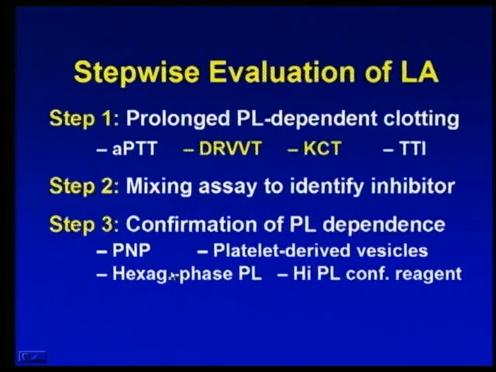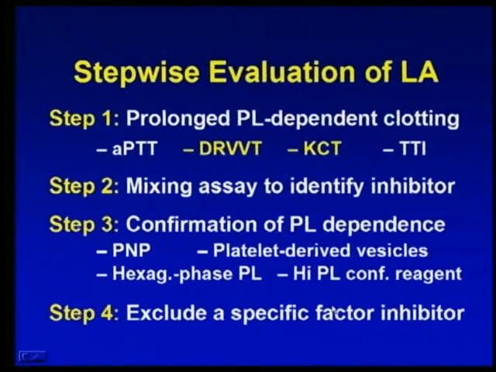There's a so-called hexagonal phase phospholipid reagent, which again is part of the StaClot LA assay that we use here locally, and other phospholipid reagents. Lastly, we have to make sure that that prolonged clotting time is not due to a specific factor inhibitor, and if it's suspected, you do specific factor assays, dilution assays, to rule out the possibility of a factor inhibitor.